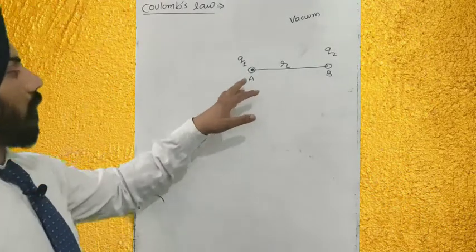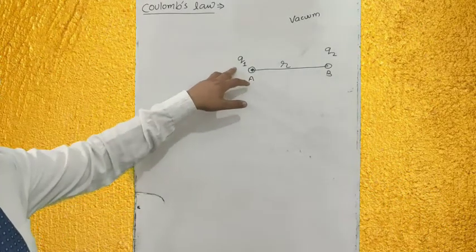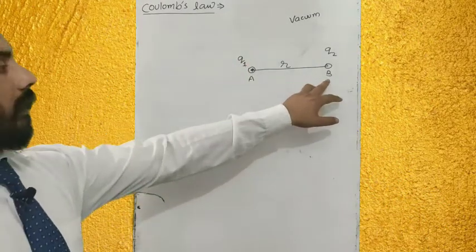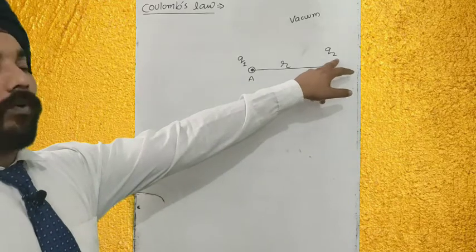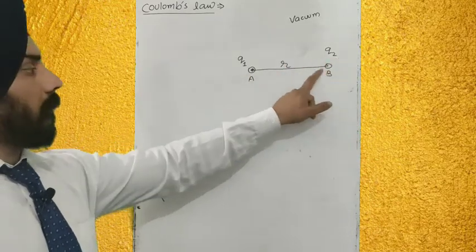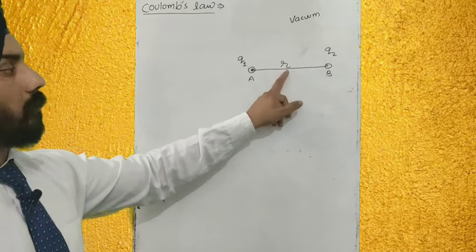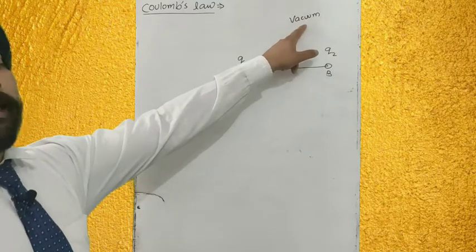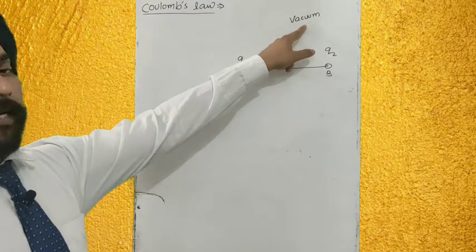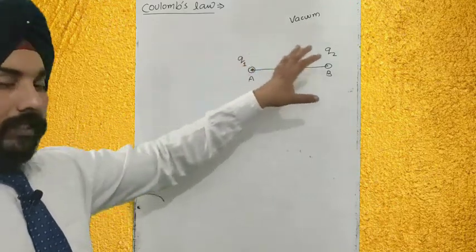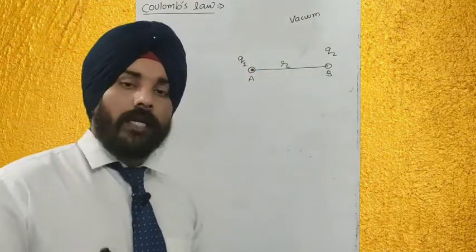Here you can see on the board, at point A charge Q1 is kept and at point B a charge Q2 is kept. The distance between the two charges is small r and they are kept in vacuum. When the charges interact with each other in space, there will be a force of attraction or repulsion.